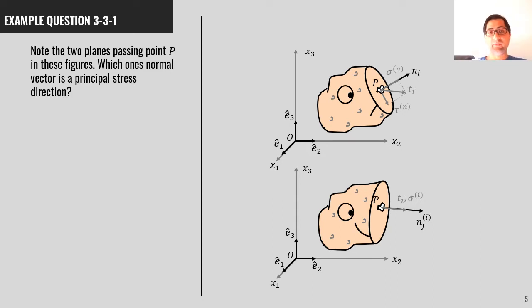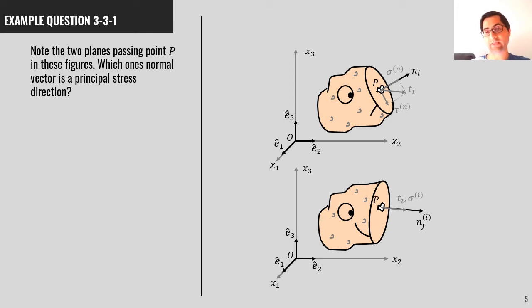Here is a very simple example. Note that at point P in Mr. Potato, we have two planes. For the first plane, the traction vector at point P has two components, a normal to the surface and a shear to the surface. In the second case, we passed another plane through the same point, but this time the traction vector is aligned with the normal to the surface.